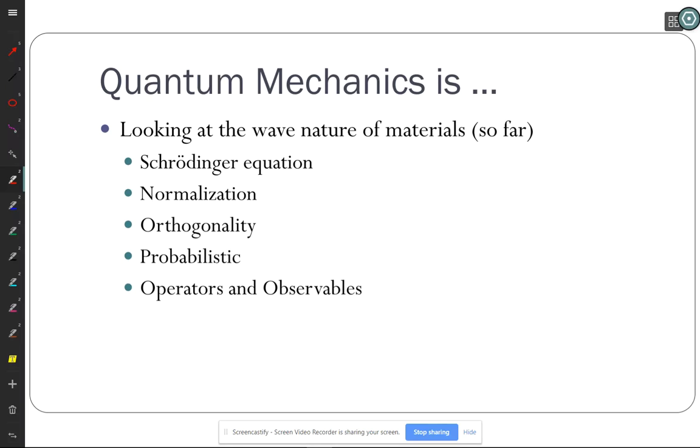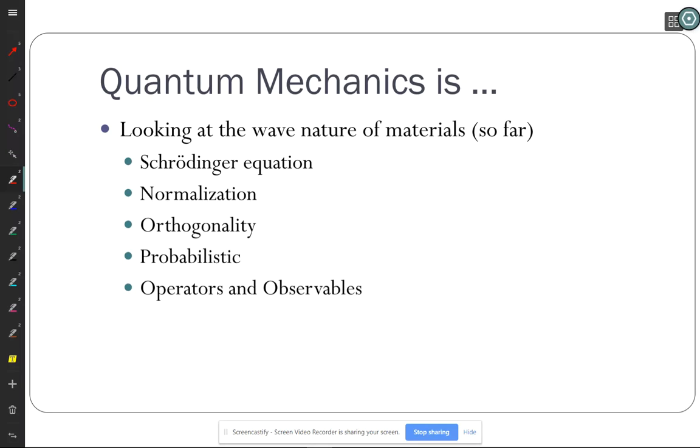So we had our orthonormal condition. If we take a steady state solution, it has to be normalized: psi star psi integrated over all space is 1.